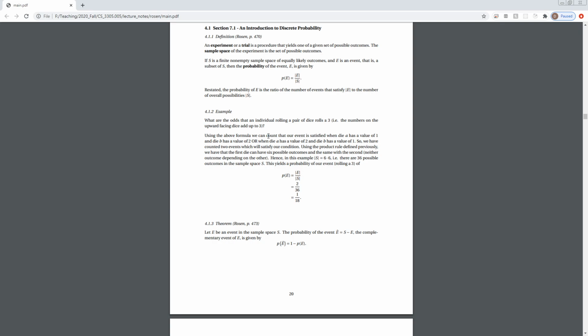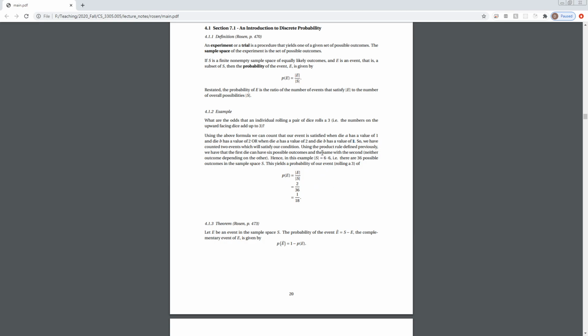Well, there are 2 ways to get that. If you have a white die and a red die, or if you just label them A and B, then the first way is a 1 on the white die and a 2 on the red die, or alternatively, a 2 on the white die and a 1 on the red die. Either of those would satisfy the outcome.